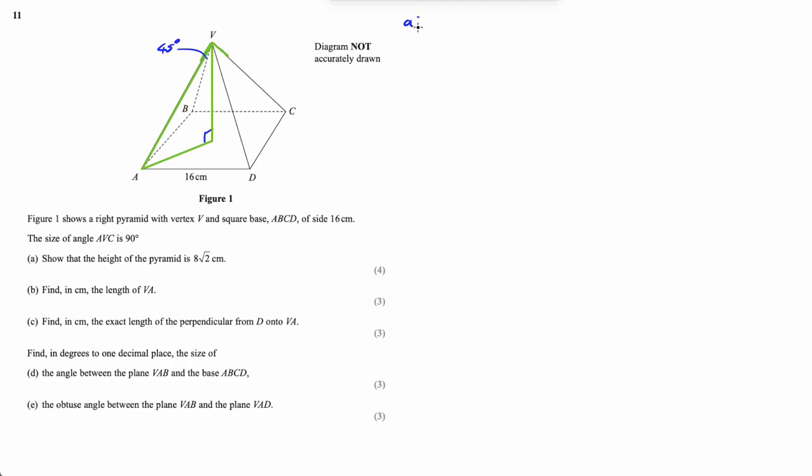Okay, so to show that the height is 8 root 2, I need to get this length here. Let's just call this M for now. So this is also 16, guys. So AC, let's get the length AC, it's Pythagoras' theorem. So that's the square root of 16 squared plus 16 squared.